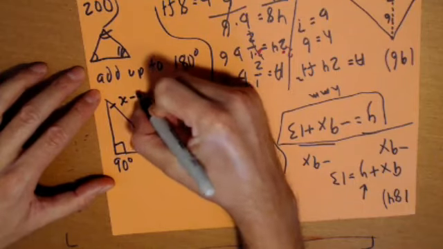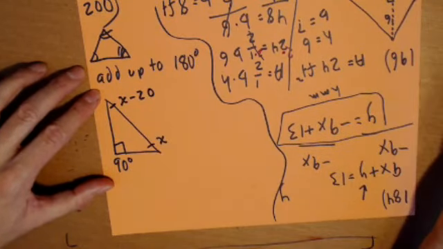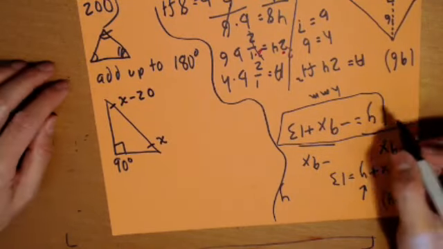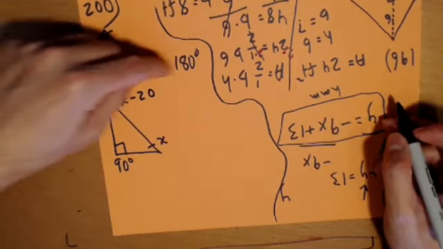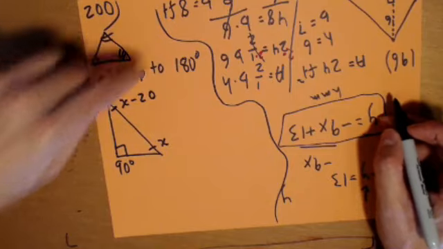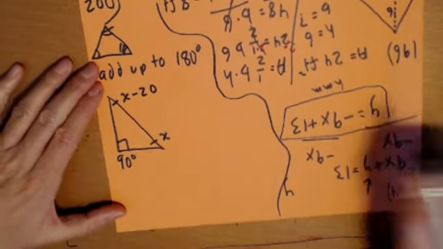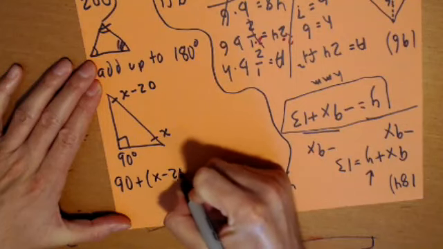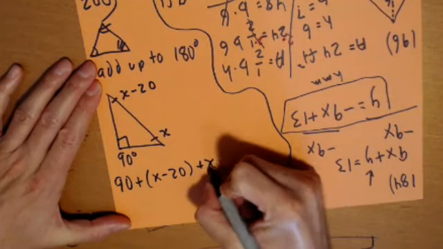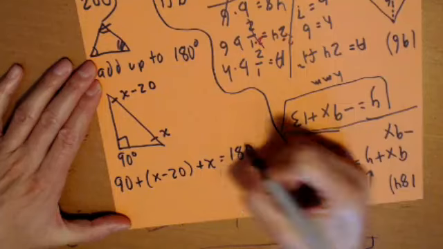X minus 20. Aha. Okay. Well, if the angles add up to 180, you could just say this plus this plus this is 180. So let's just do that. 90 plus X minus 20 plus X equals 180.